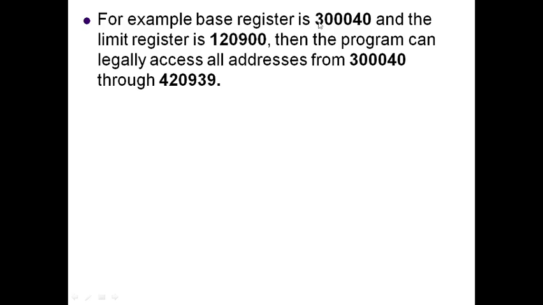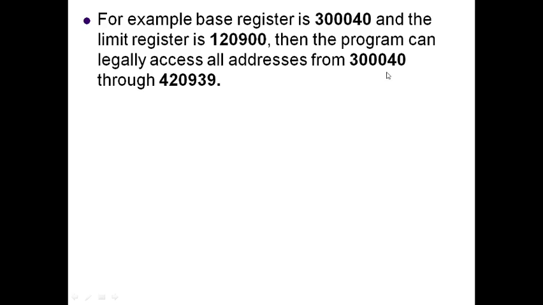Now how do you interpret these two numbers: whenever an instruction needs to be executed for that particular process, the OS will check whether the range of addresses falls within this number and this number. This is the range that is acceptable for that particular process.